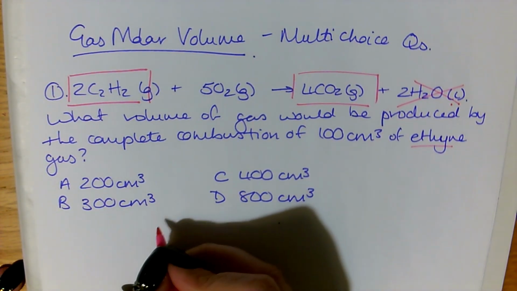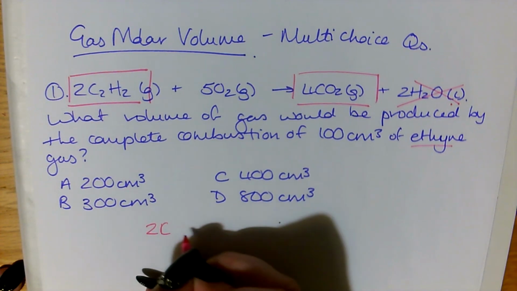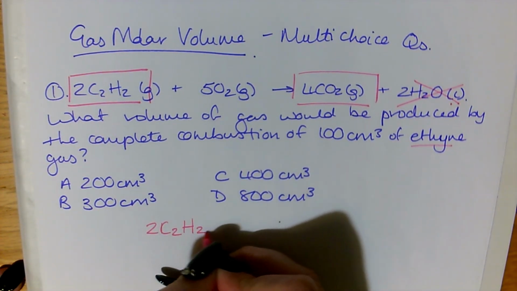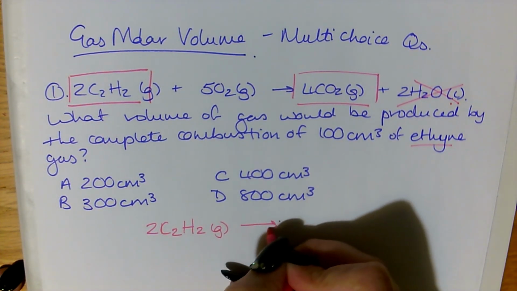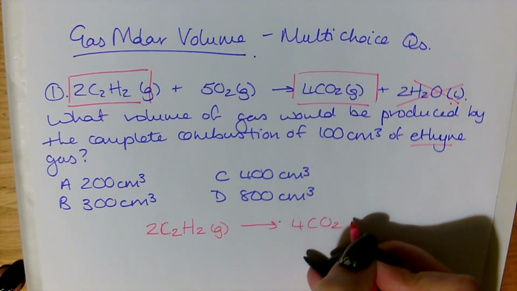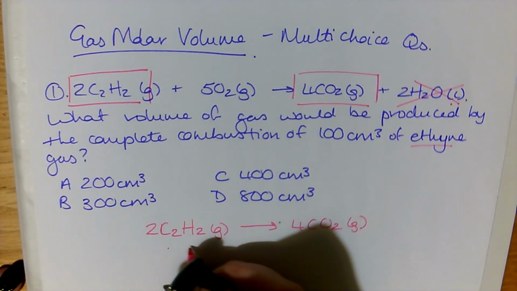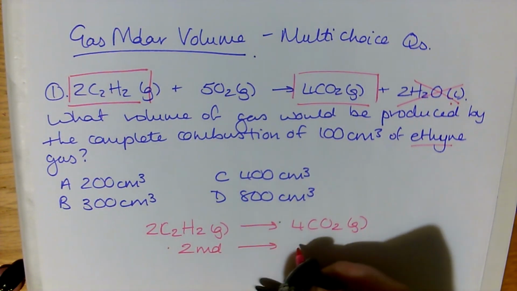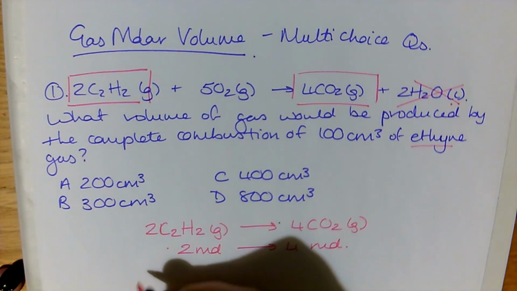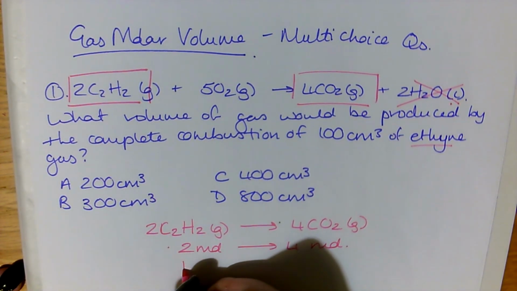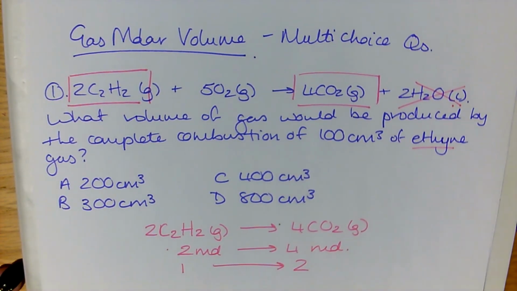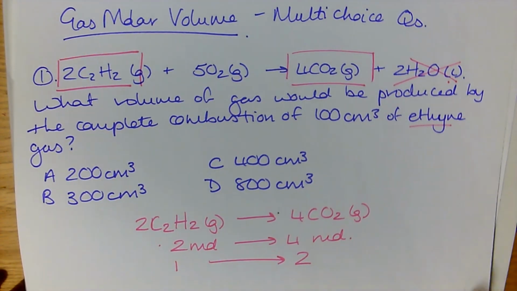So let's rewrite that down here. So we have 2 moles of ethane gas would produce us 4 moles of carbon dioxide gas. So it's going to be a 2 to 4 reaction. You can keep that at this point, or you can simplify it down to a 2 to 1 mole reaction.